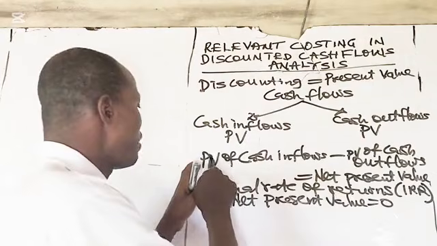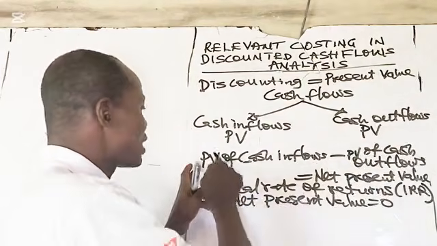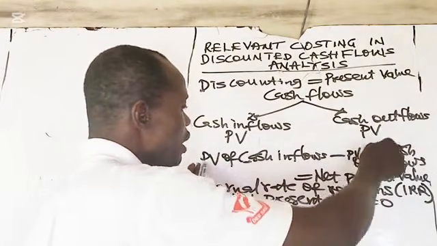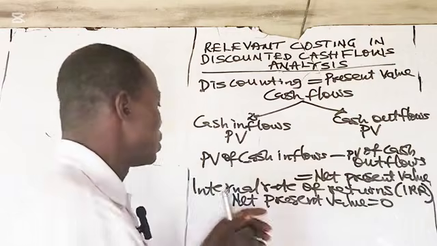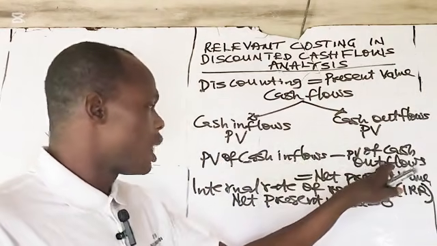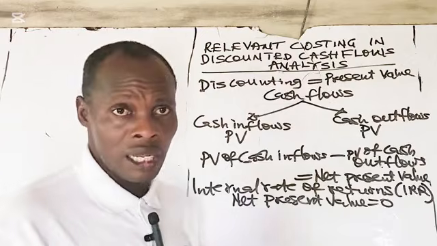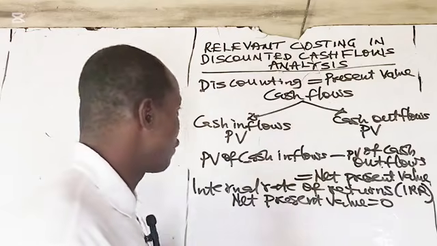That means if PV of cash inflows minus PV of cash outflows is equal to 0, then PV of cash inflows is equal to PV of cash outflows. So the rate of return that equates the PV of cash inflows to the PV of cash outflows is known as the internal rate of return.